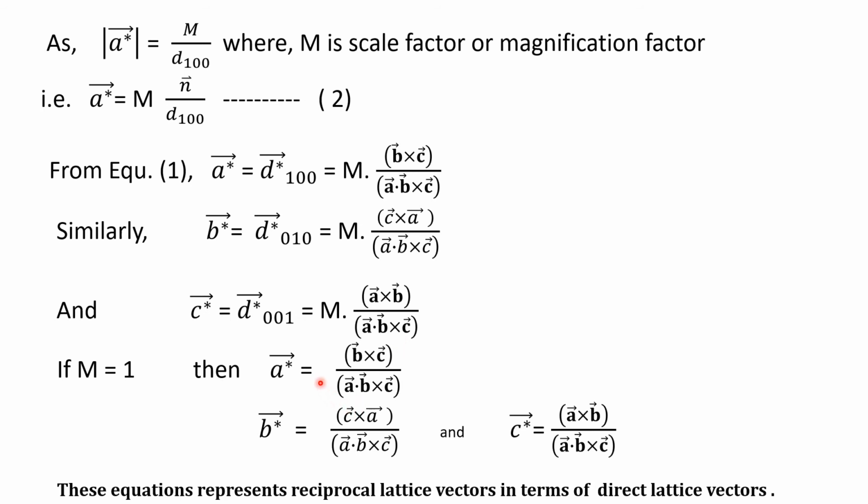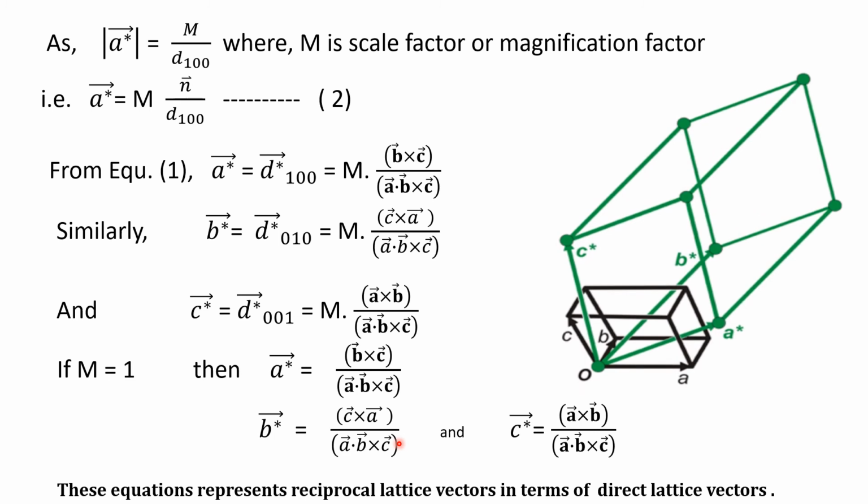Then these 3 equations become: vector A star equals B cross C divided by A dot B cross C, vector B star equals C cross A divided by A dot B cross C, and vector C star equals A cross B divided by A dot B cross C. These 3 terms represent the reciprocal lattice vectors, and these are expressed in terms of direct lattice vectors, and that gives the relation between reciprocal lattice vector and direct lattice vector.